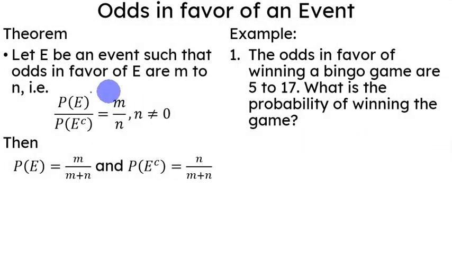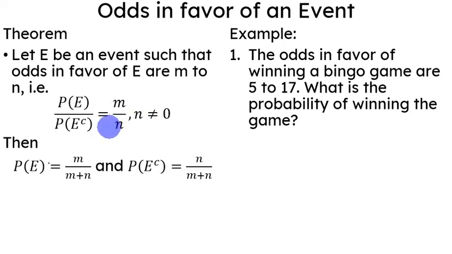Now, because of that definition of the odds, we are given this theorem. Let E be an event such that the odds in favor of E are M to N. That is, the probability of E over the probability of E complement is equal to M over N, where N should not be equal to 0.